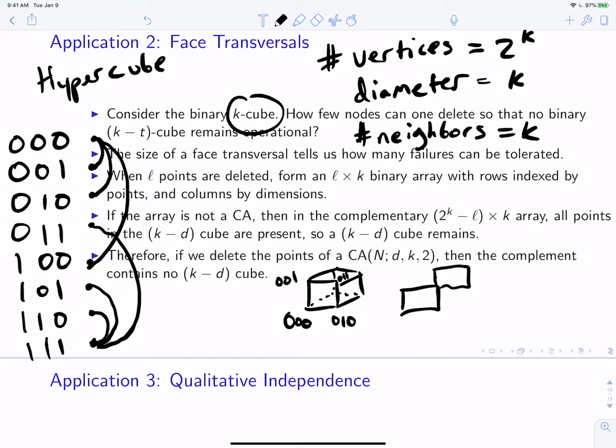If I delete 2 vertices, I could delete, say, 2 opposite corners and I don't have a face anymore. So people wanted to know, if I delete a certain number of points, how big of a cube can I still have remaining operational?